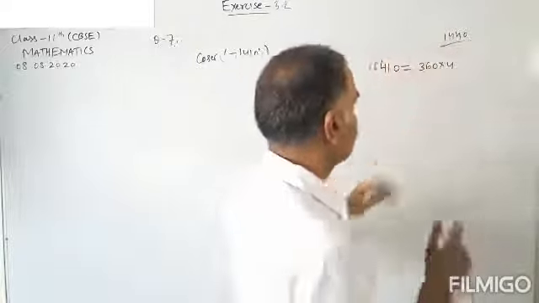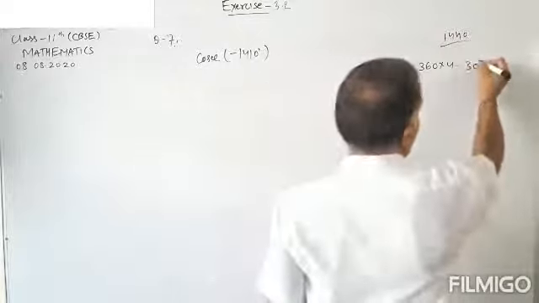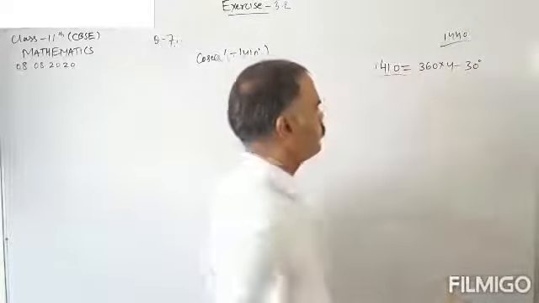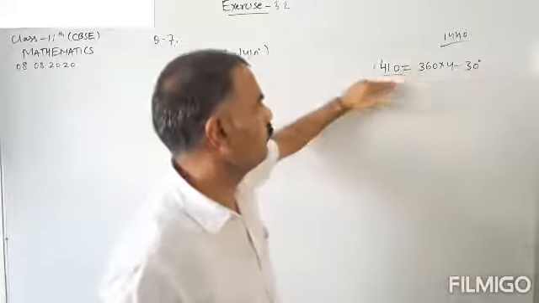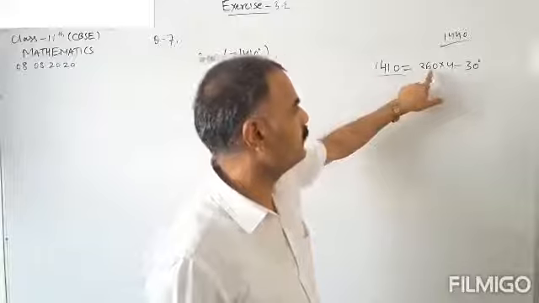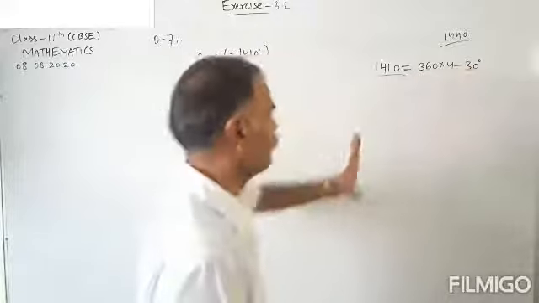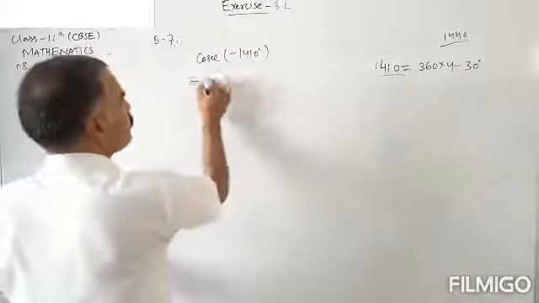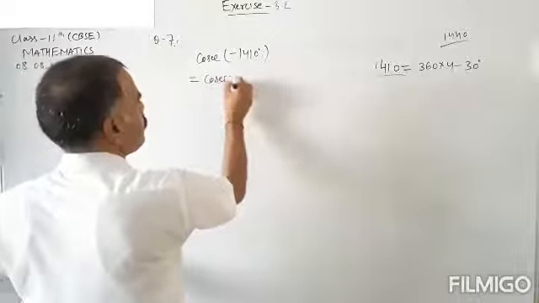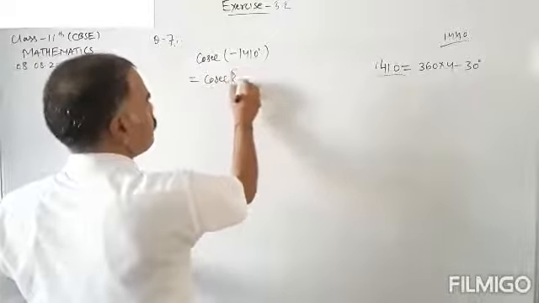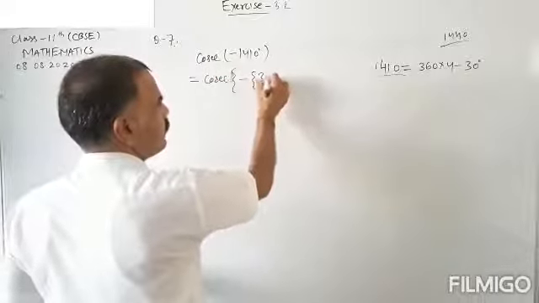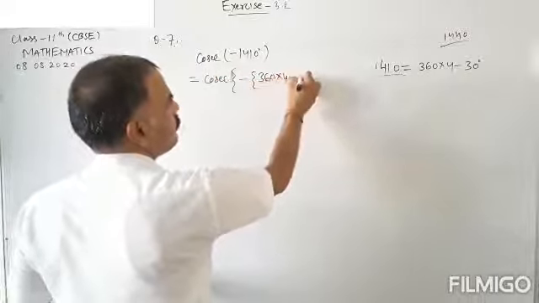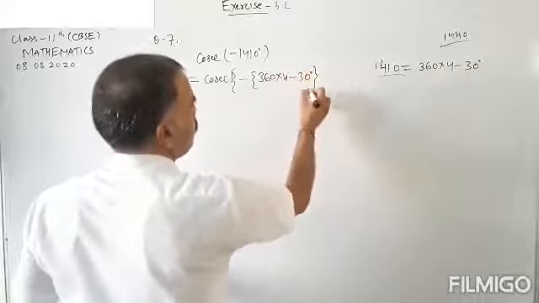But this is 30 degree greater than 1410. So 360 into 4 minus 30 degree. So 1410 can be written as 360 into 4 minus 30 degree. Okay, so this is equal to cosec, minus is outside and inside, this is 360 into 4 minus 30 degree. Okay.